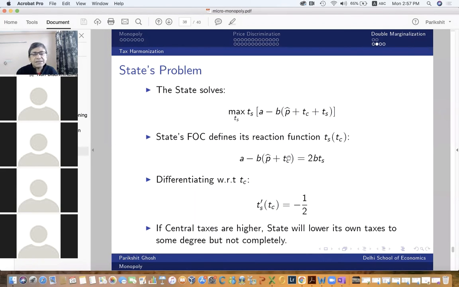So if the center raises its taxes, the state to some extent accommodates by lowering its taxes, but not one for one. As you can see, this slope is minus half. So if the center raises its tax by a rupee, the state will cut their own taxes by 50%, but the overall combined tax rate will still go up, not go down.